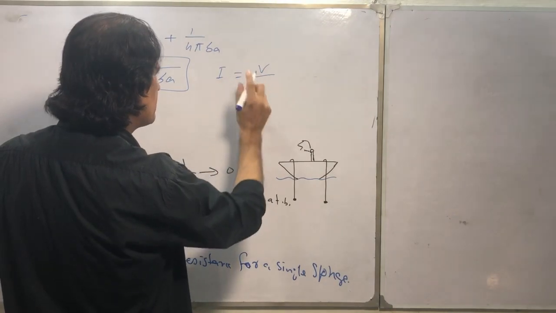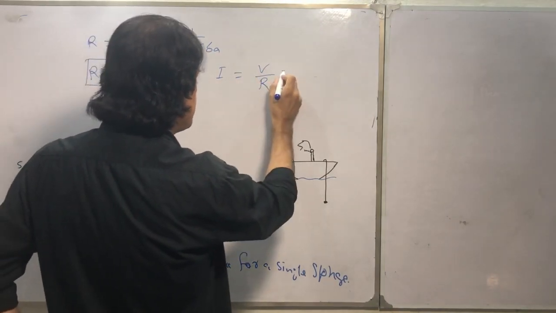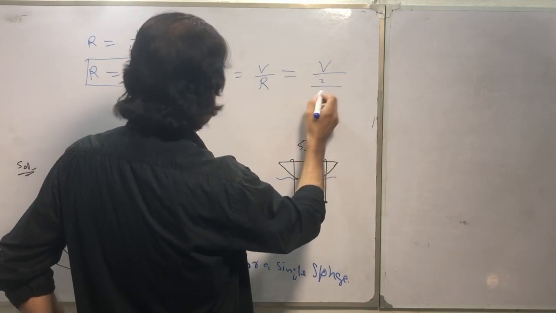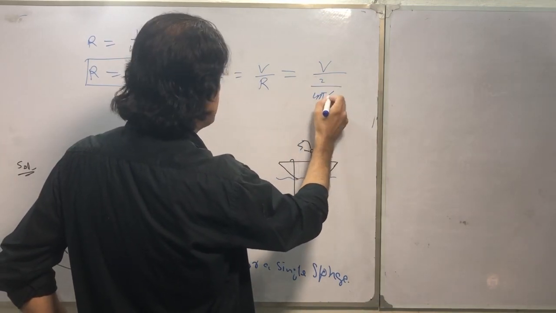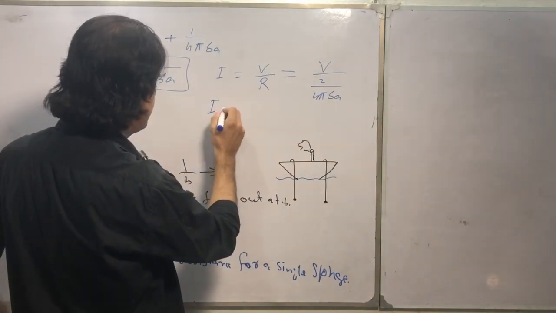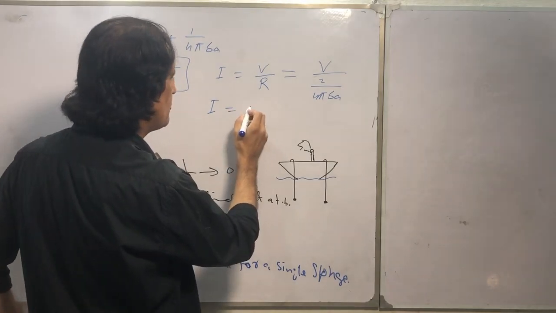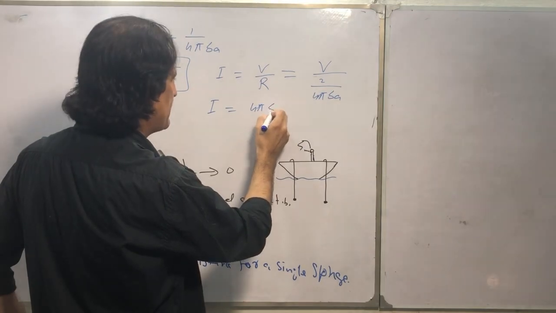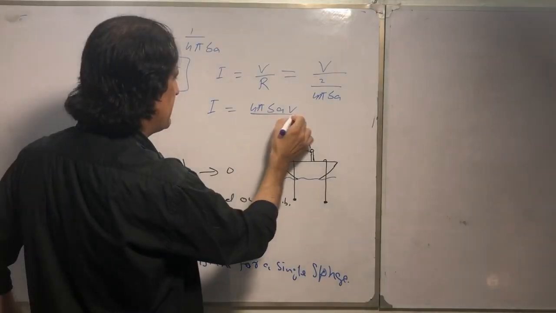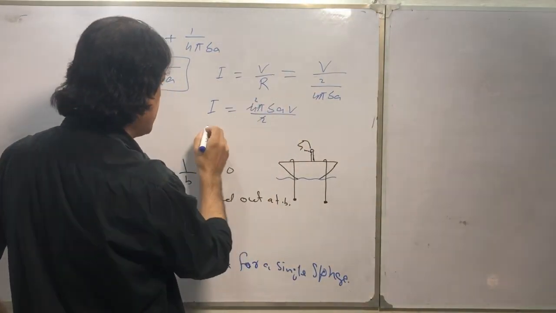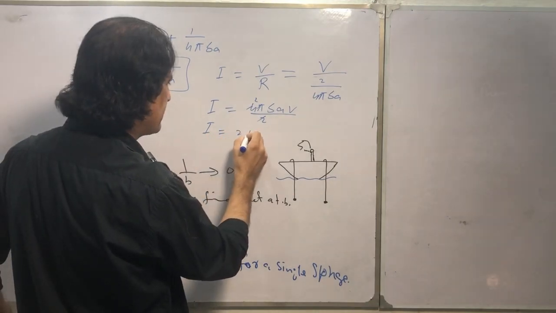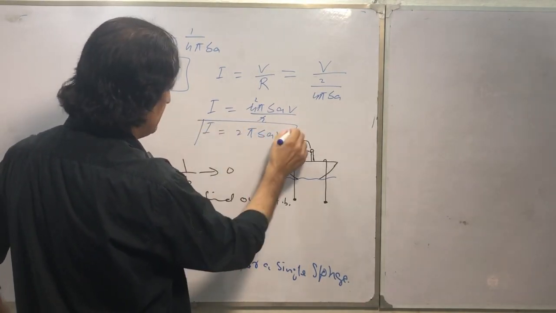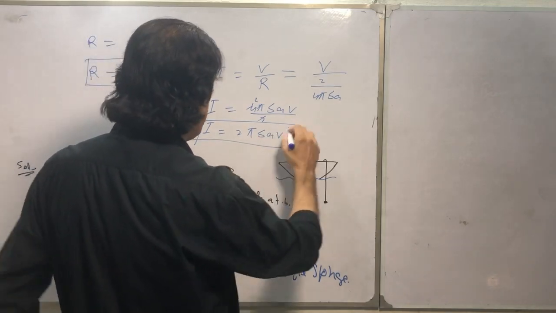The current is equal to potential divided by resistance, so I will be equal to 4 pi sigma A V divided by 2. The 2 will cancel, and finally this is the current around these two spheres.